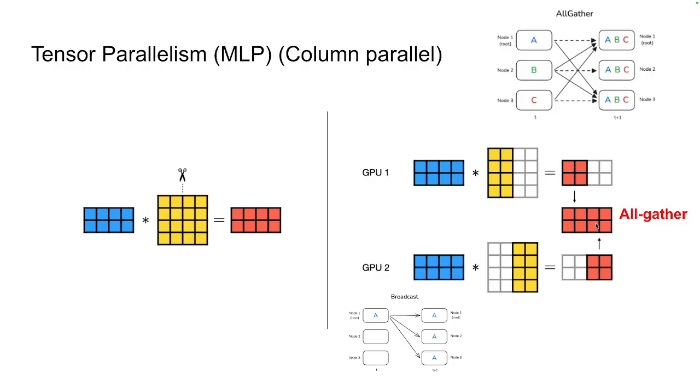So we have two communications here: one is the broadcast of the input matrix to the two GPUs, and we need to do an all gather on the output.